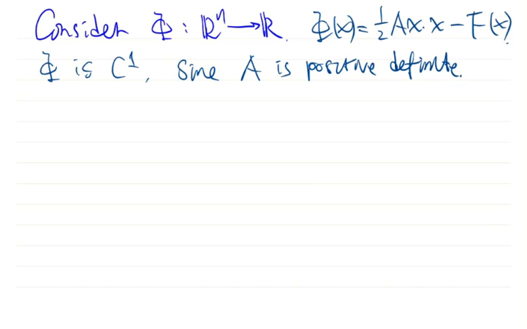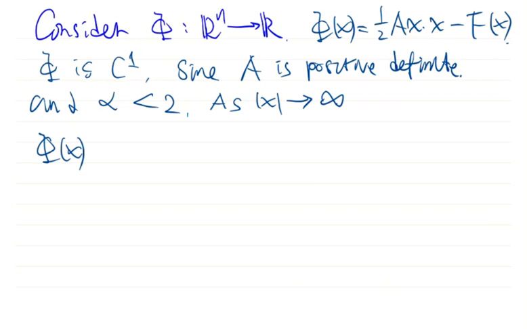and alpha is less than 2, we consider the behavior of Phi(x) as the norm of x goes to infinity. Phi(x) is half of Ax·x minus capital F(x).